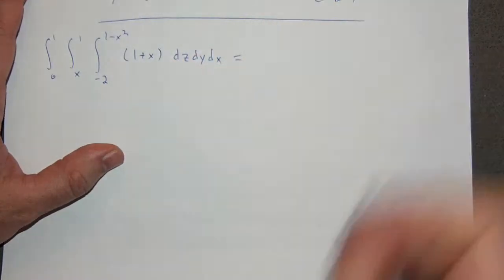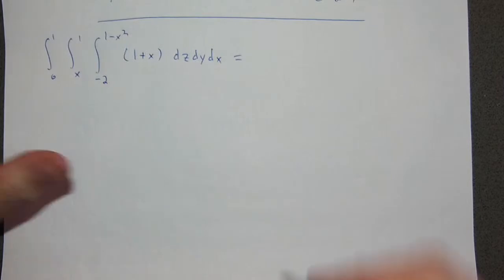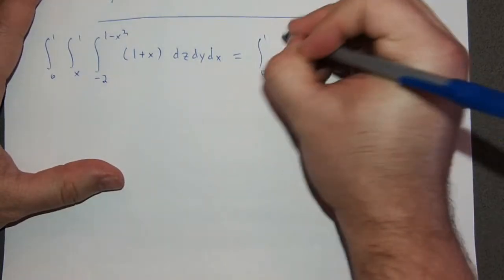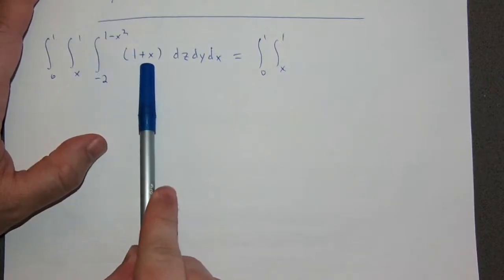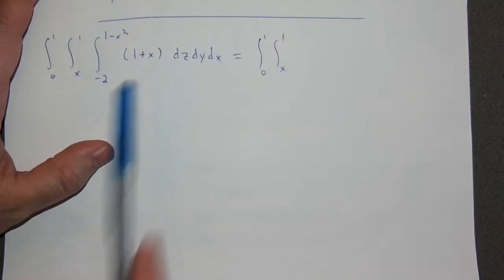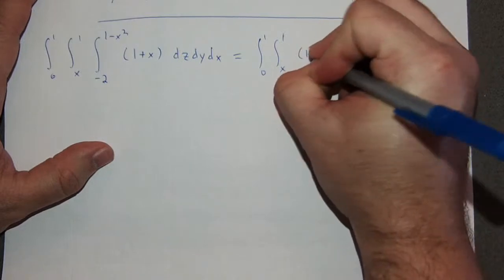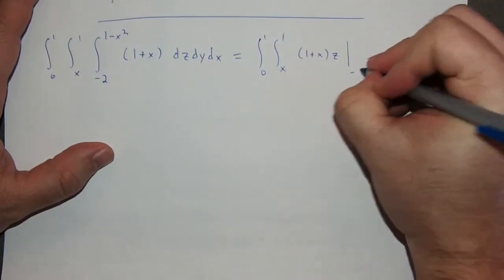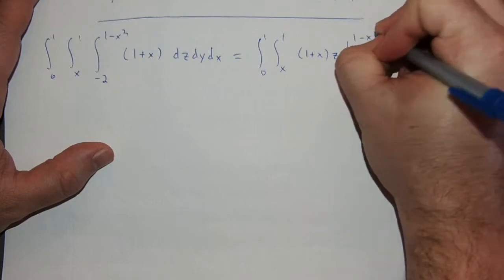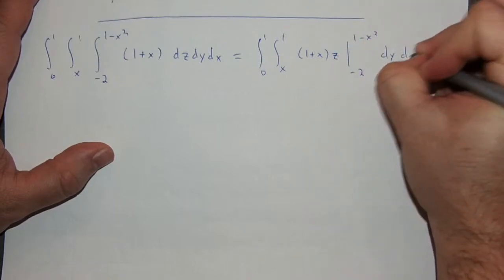So I do my inner integral first, of course. So this is the integral from 0 to 1, the integral from x to 1. I'm integrating 1 plus x with respect to z, so there is no z here, so this is 1 plus x times z evaluated from minus 2 to 1 minus x squared, dy dx.